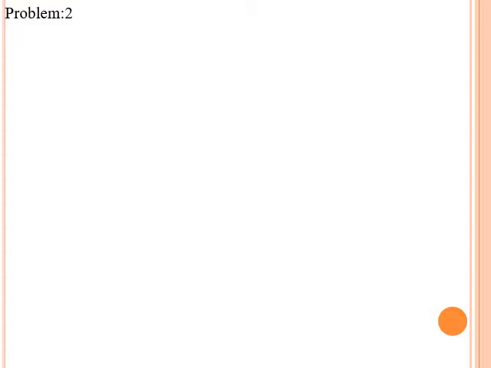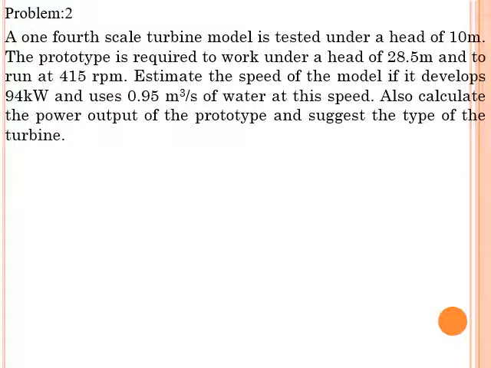Numerical number 2. The 1/4 scale turbine model is tested under a head of 10 meter. The prototype is required to work under a head of 28.5 meter and to run at 415 RPM.